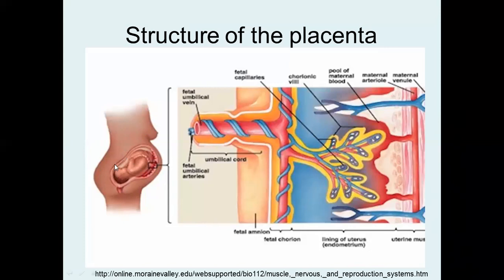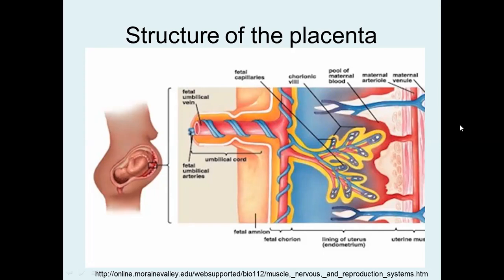I told you that it could occur in a number of different places in the uterus. So here, the placenta is this part here, okay? And this drawing on the right-hand side is an enlargement showing more detail of the placenta.